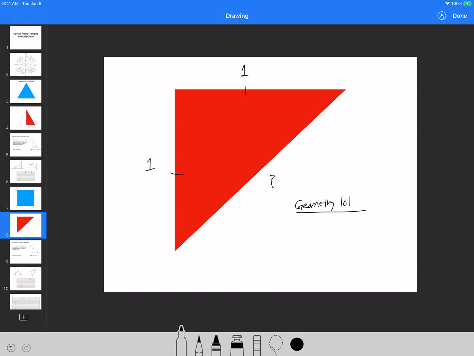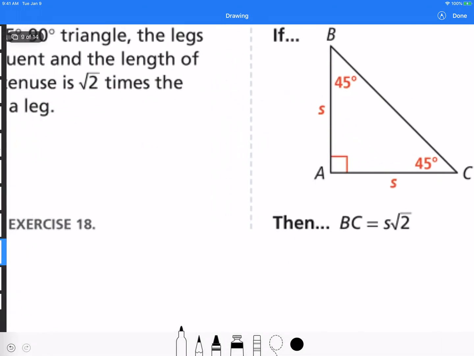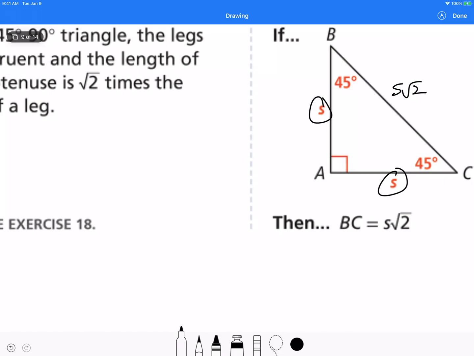If it's one thing that high school geometry teaches you, it's trig and the Pythagorean theorem. So you use the Pythagorean theorem, a squared plus b squared equals c squared, plug that in and get this value. And you can always figure out how this formula came to be, which is on this next slide, s, and then s root 2. The beauty of this 45, 45, 90 is that two of the sides are going to be exactly the same. So it cuts down the work for you by a lot.